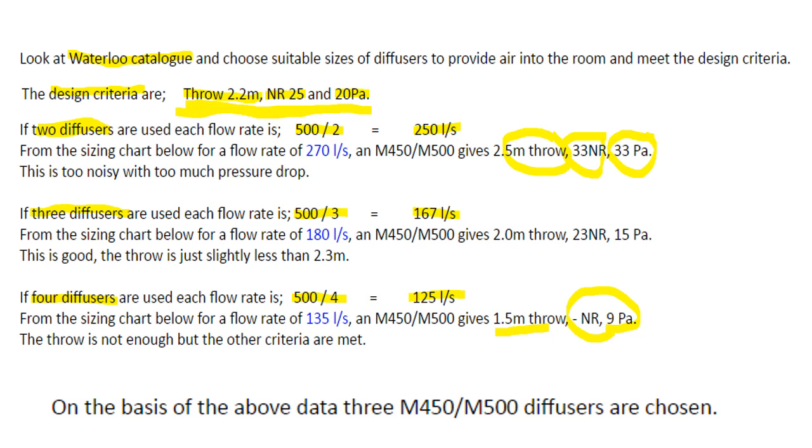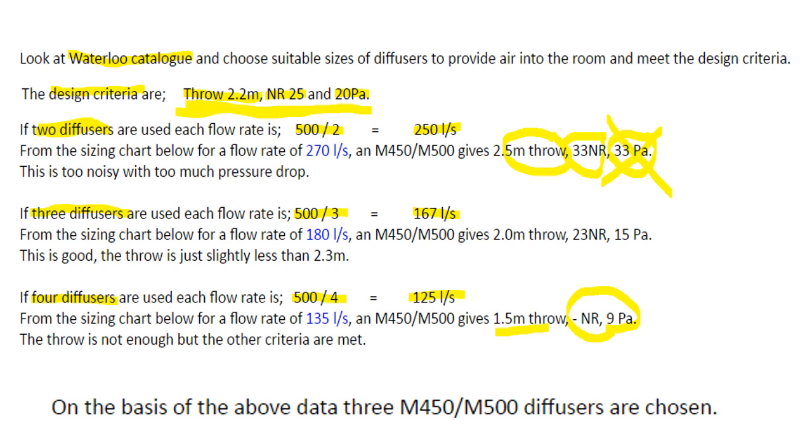So it still does not exceed 20 Pascal. So the 2 diffusers option is out because the pressure drop exceeds the design criteria. 33 Pascal is way too high compared to 20 Pascal.